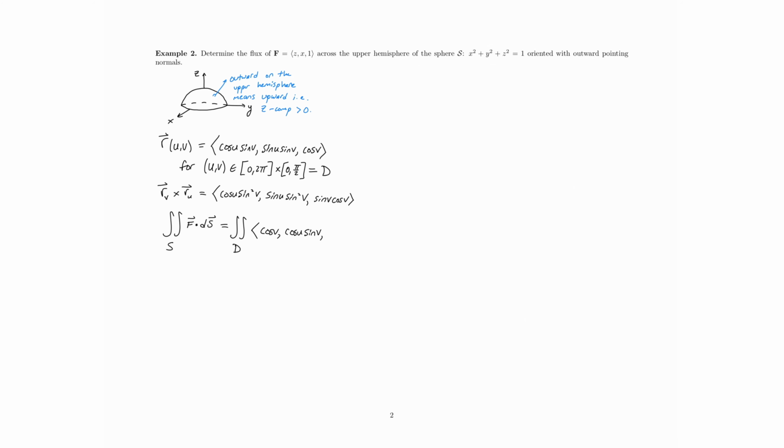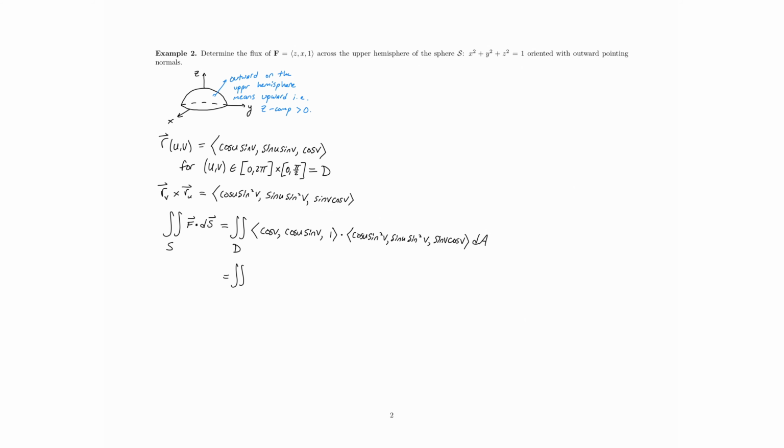And then we will take 1 and leave it alone since it's a constant. Then we will dot it with our appropriately oriented normal vector. So cosine u sine squared v, sine u sine squared v, and sine v cosine v dA, and dA will ultimately become du dv or dv du, depending upon the order of integration.